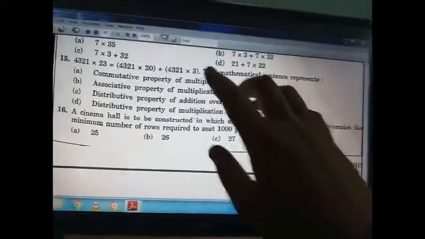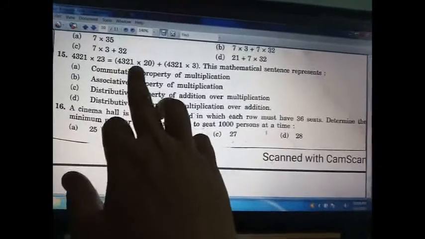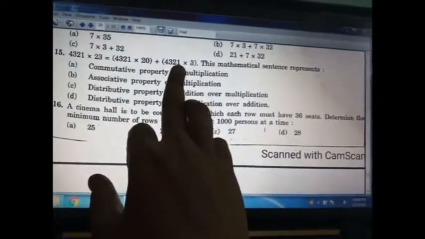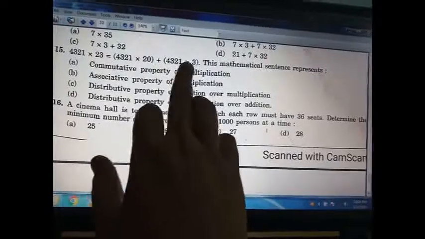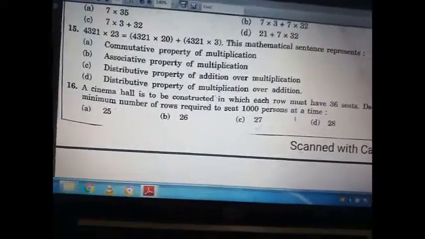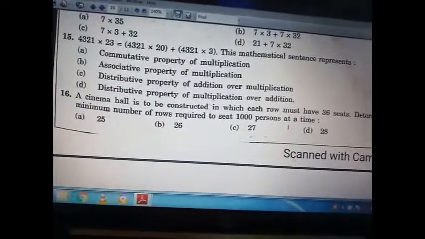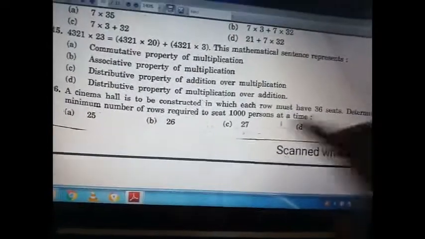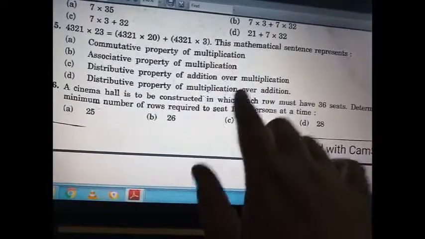Sorry, here you can see that the multiplication is done on addition. That means in the bracket there is addition, and the multiplication of these two values is done, and these two multiplied values are then added. So this is the distributive property of multiplication over addition.